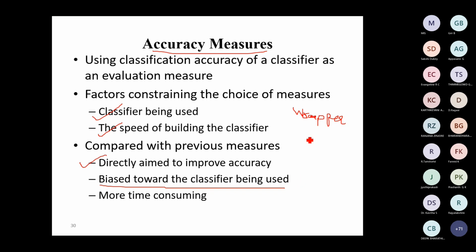Let us say in the wrapper-based method we use ANN. The selected features will work only with ANN. I mean, they will not work with other classifiers. The features selected using an ANN may not work best with SVM or a decision tree classifier. That is what is mentioned here: it is biased towards the classifier being used.